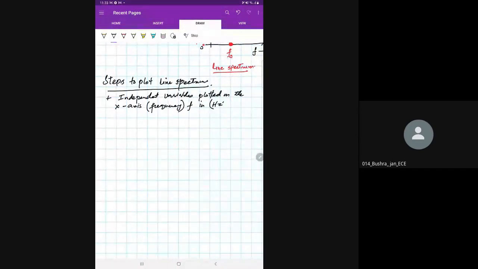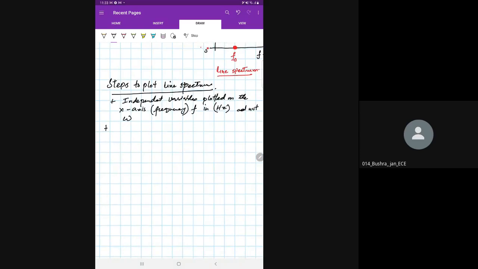Please remember that it is in hertz and not in terms of omega. So the independent variable that is plotted in line spectra, you have to first consider that it is in hertz, and it is not in omega.